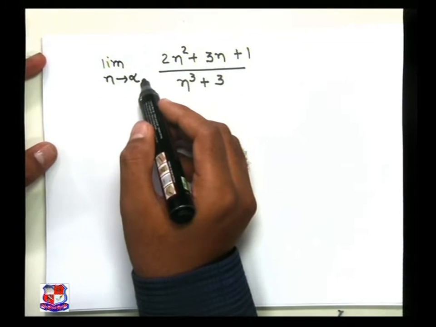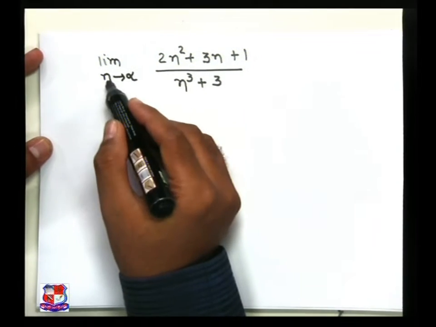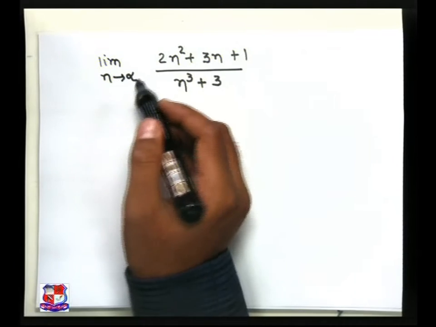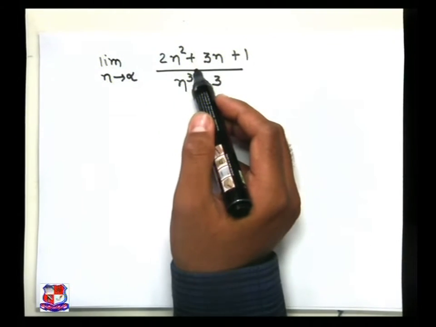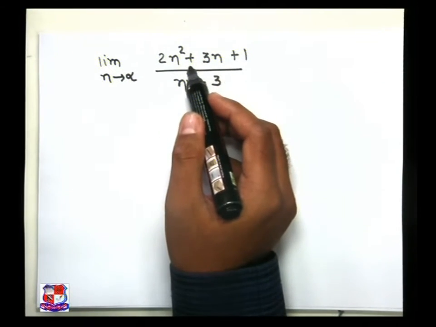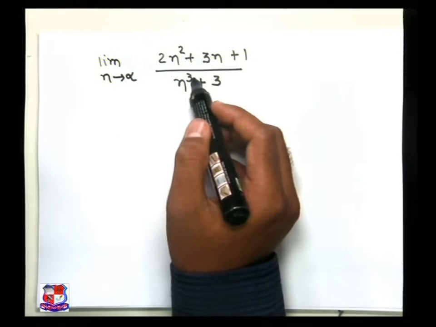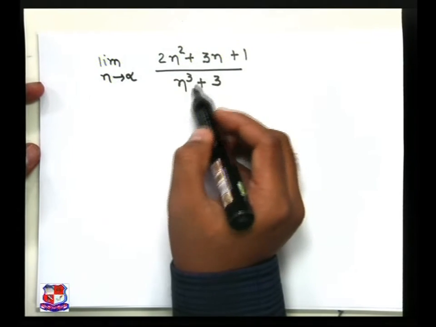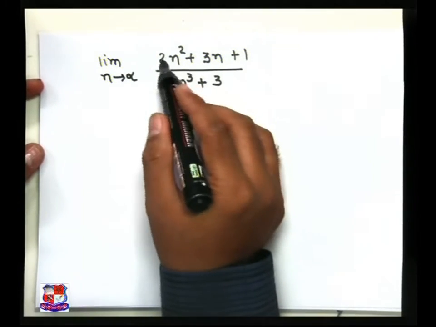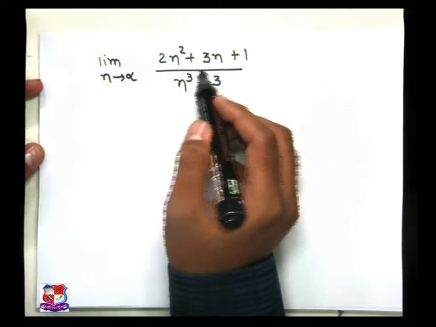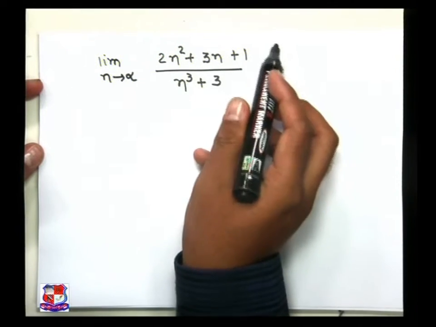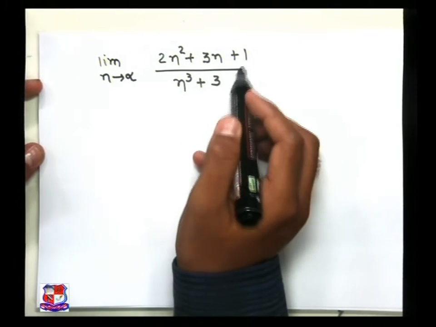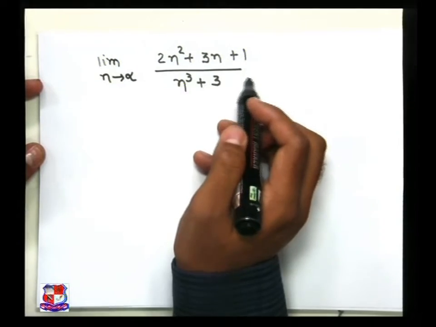Based on all our previous examples, whenever limit n tends to infinity, we want the 1 upon n form. If we want the 1 upon n form, then divide and multiply by the maximum power. Here the maximum power of n is 3. So divide all the terms by n cube, the numerator divided by n cube and the denominator also divided by n cube.